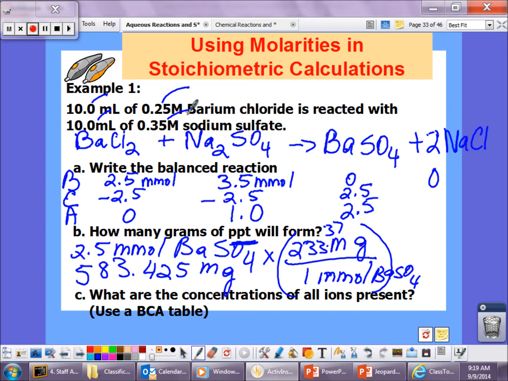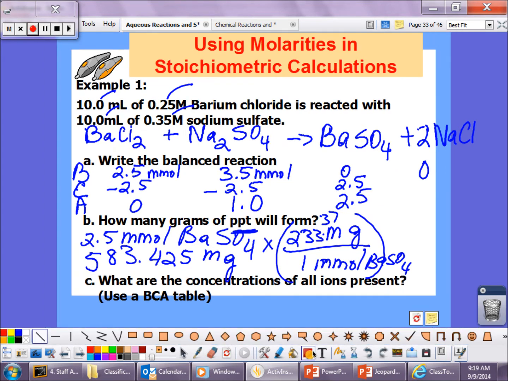Okay, now here is the challenging one. It says here, what are the concentrations of all ions present in that solution? What is the concentration of each ion present? So let me make up some space here. Let's see how I can create some space to stay on the same page.